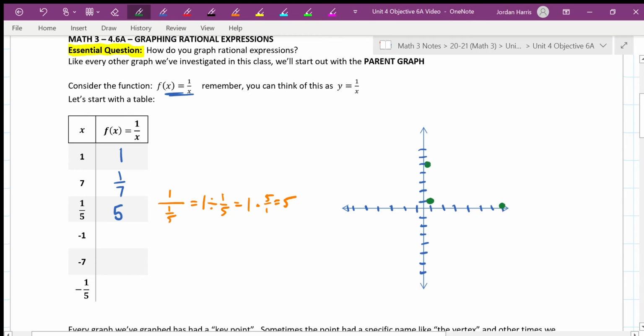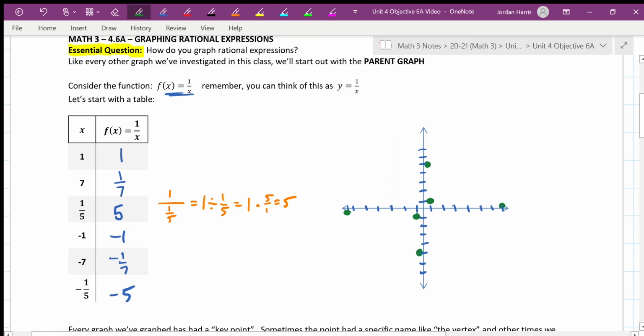And then we have -1. 1 divided by -1 is -1. So (-1, -1), that one's easy. -7 gives -1/7, right there. And finally, -1/5. The same thing's going to happen. It ends up as -5.